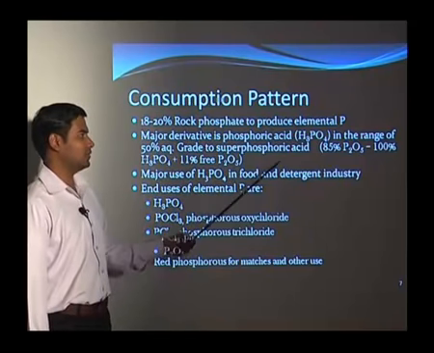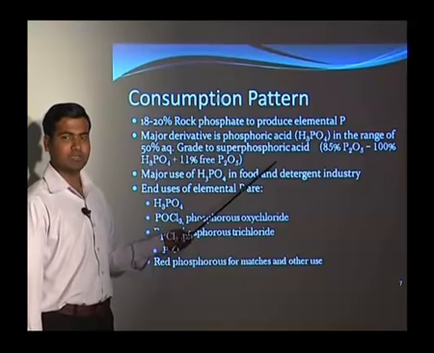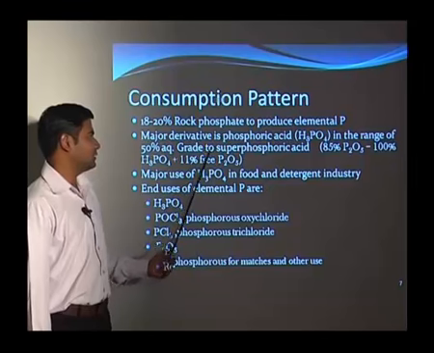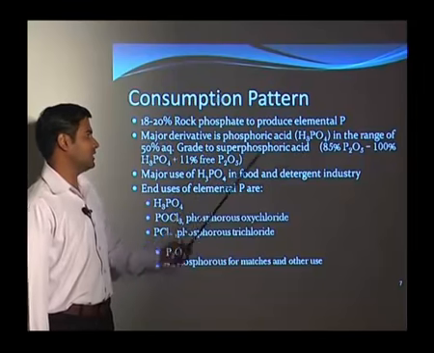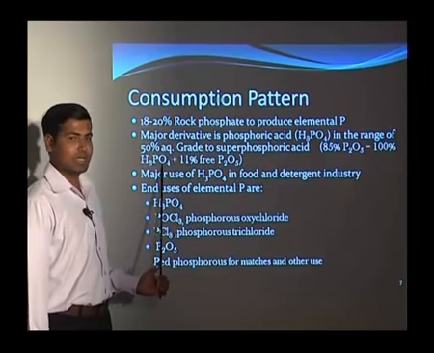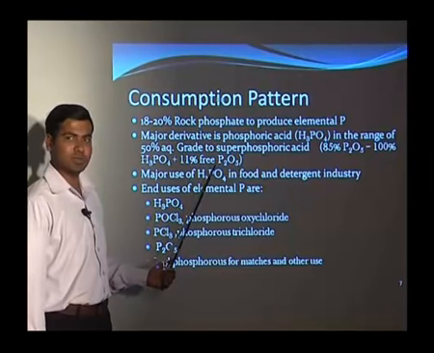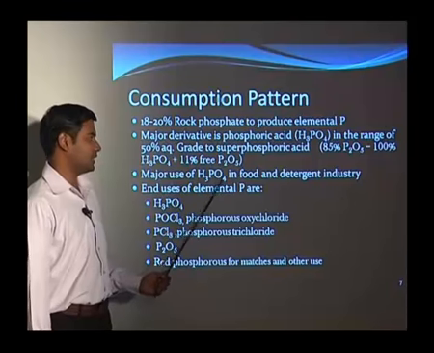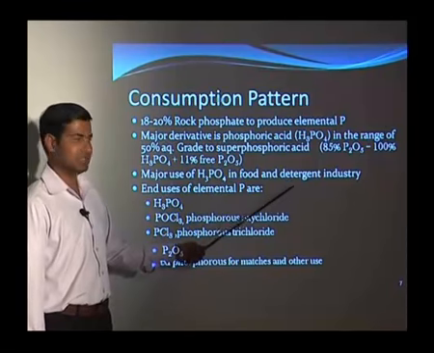So it's like oleum, which was a mixture of sulfuric acid and sulfur trioxide. Here the superphosphoric acid contains phosphoric acid and phosphorus pentoxide in the free state. Then the major use of phosphoric acid is in the food and detergent industry.